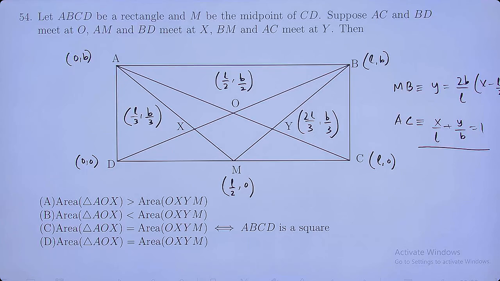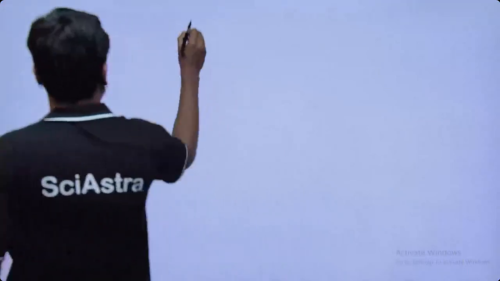One second. So I'll write down the general form for you. So the way you do that is, in general, suppose you have a polygon, okay, which has n points.